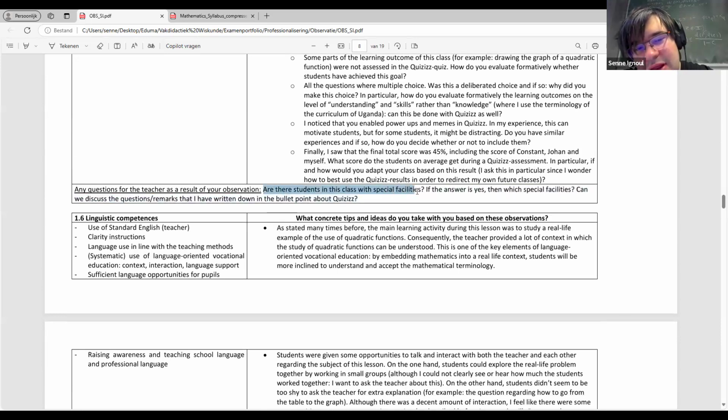So, are there any students in your class with special needs? What I mean with special, we have children that have eye challenges, short-sighted and long-sighted children. I think that is one of the biggest disabilities we have.